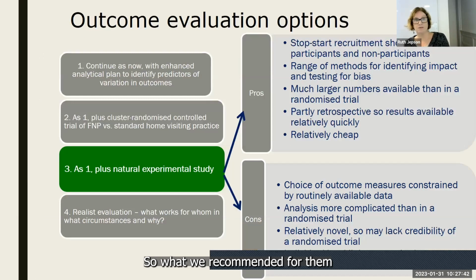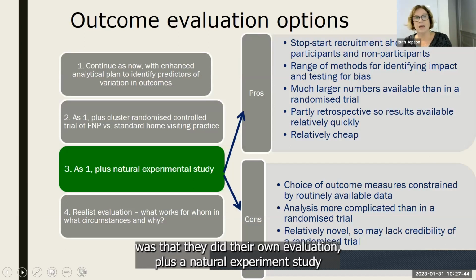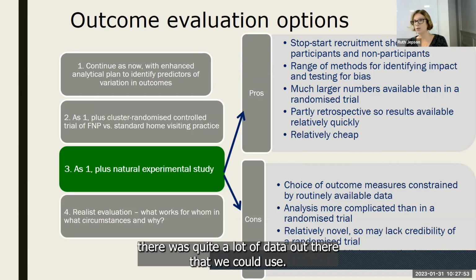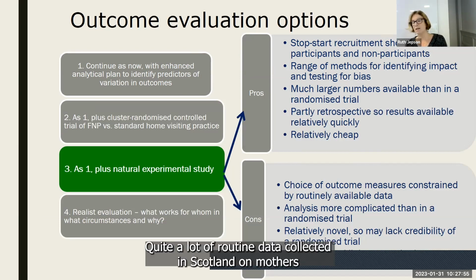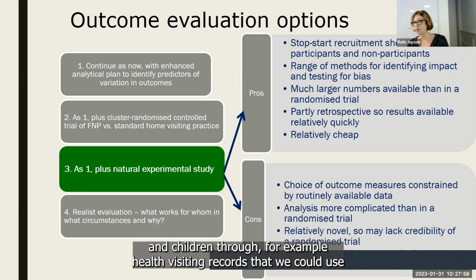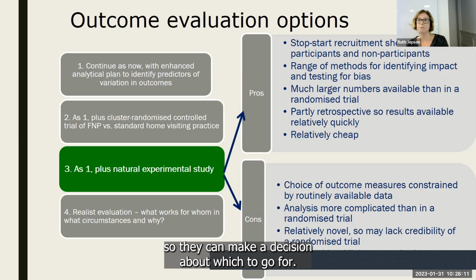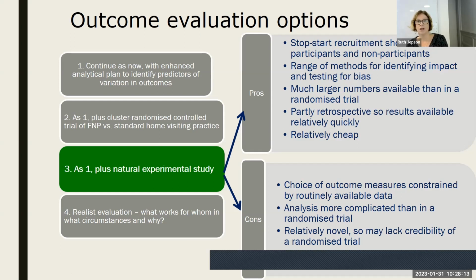So what we recommended for them was that they did their own evaluation plus a natural experiment study, because, as I said before, there was quite a lot of routine data collected in Scotland on mothers and children, for example, health visiting records, that we could use. But with any evaluation, with any study, as you know, there's pros and cons. So we always give them the pros and cons so they can make a decision about which to go for.